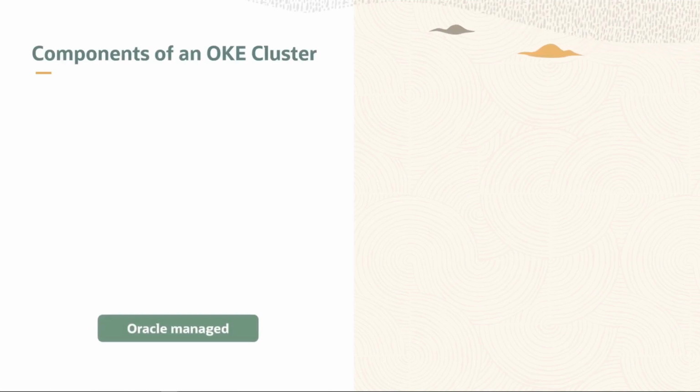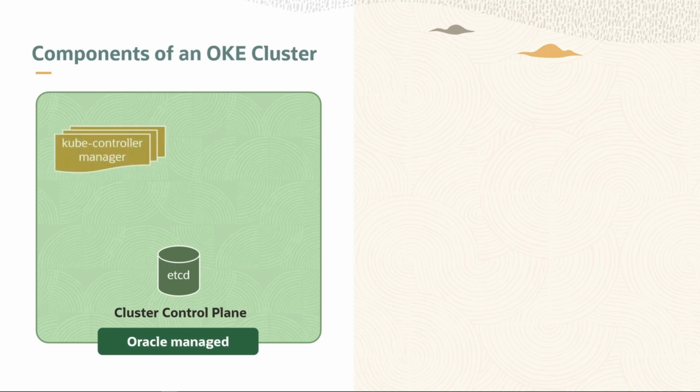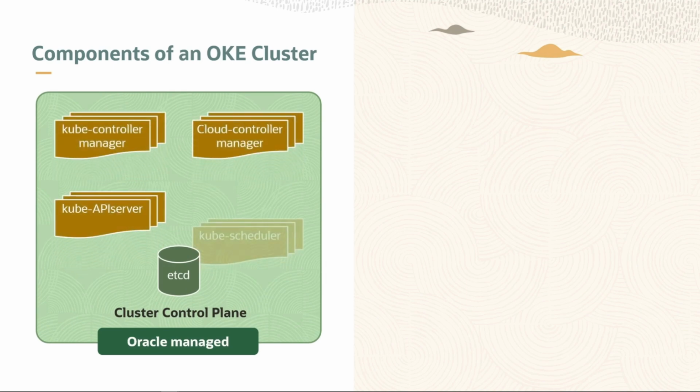Now let's talk about the magic behind the scenes. All the master nodes or control plane nodes are managed by Oracle. This includes components like etcd, the API server, and the controller manager, among others. To ensure reliability, we make sure multiple copies of these master components are distributed across different availability domains. And we don't stop there.